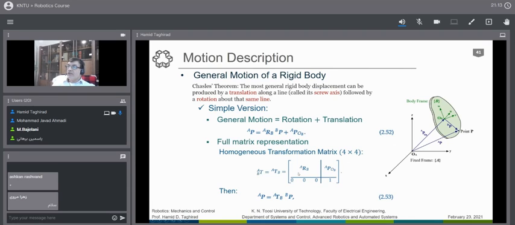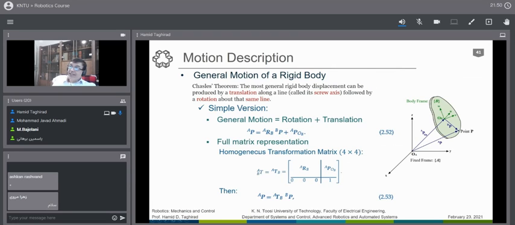Since this is a 4x4 matrix, it should be multiplied by a 4x1 vector, not 3x1. So we add an auxiliary 1 at the end of the vector P_OB, and then we can have a mapping similar to the one we have with a 3x3 rotation matrix for pure rotational maps.